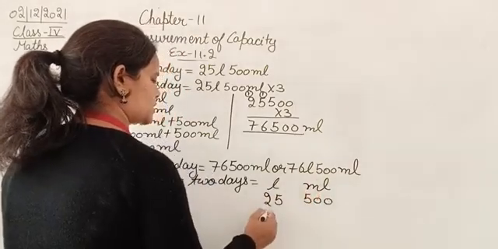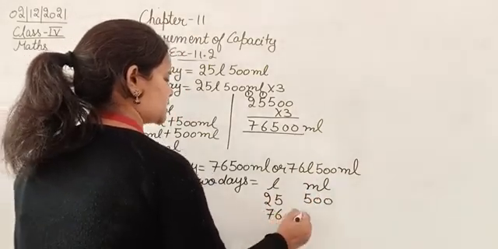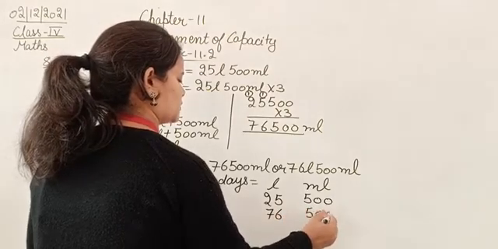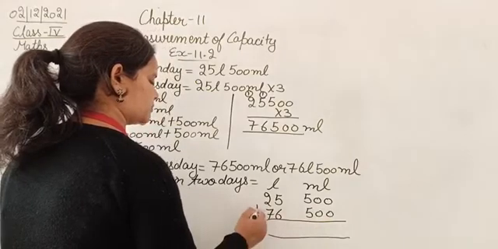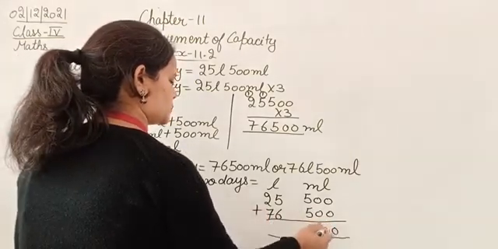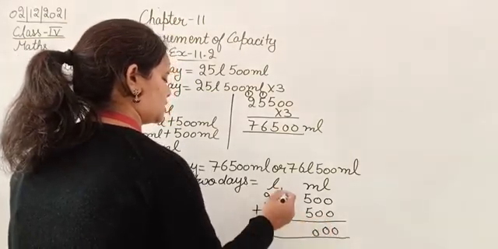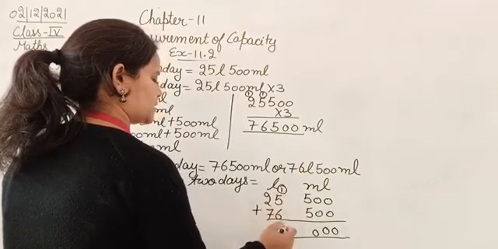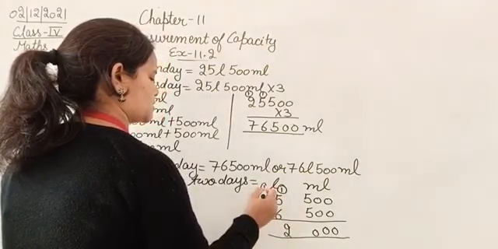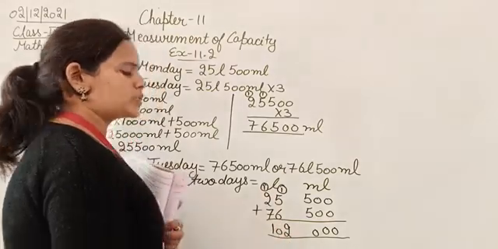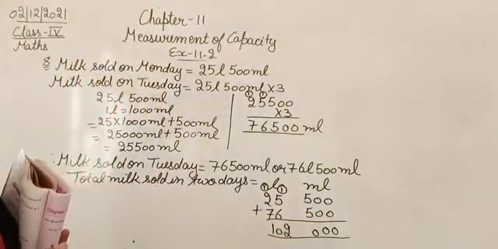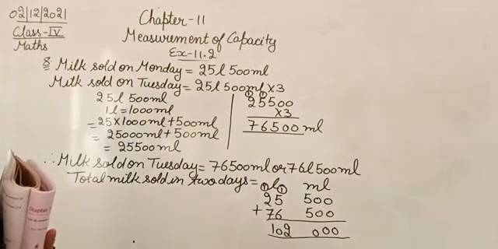Milk sold on Tuesday is 76 liter 500 milliliter. 0, 0, 10, 5, 6, 11 plus 1, 12, 7 plus 2, 9 plus 1, 10. So total milk sold in 2 days is 102 liters.